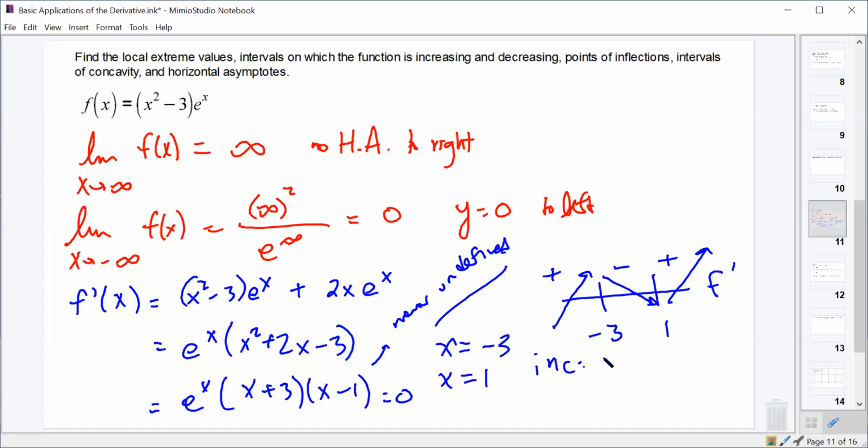So we'll say that our function increases from negative infinity to negative 3, union 1 to infinity. And we'll say that our function decreases from negative 3 to 1. Everybody good with that?